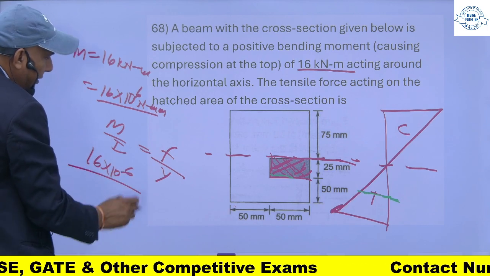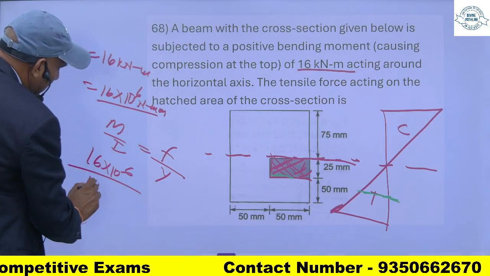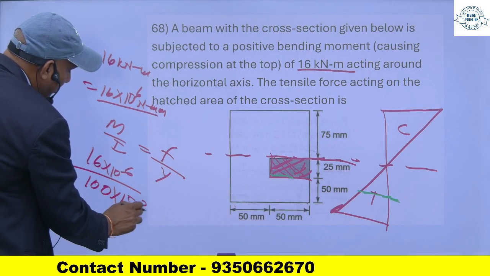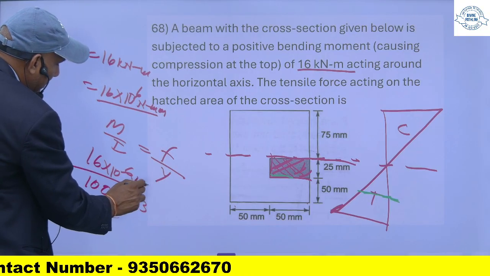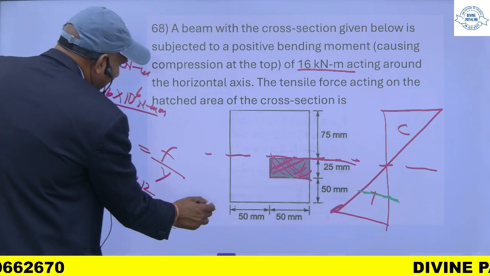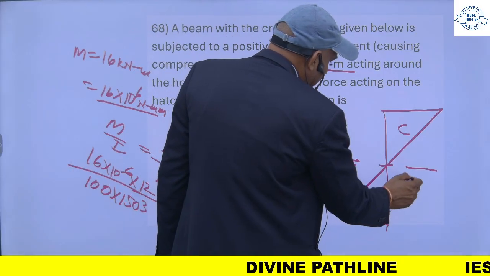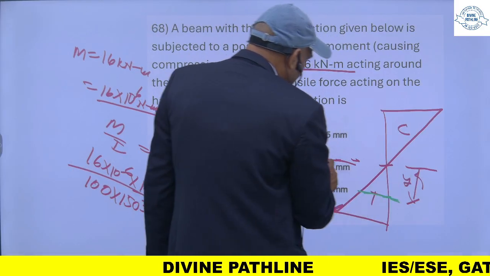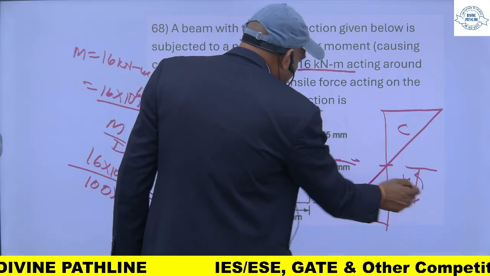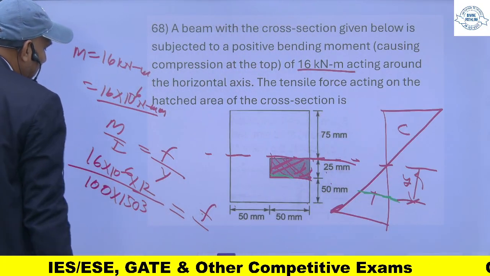The moment of inertia will be BD cube upon 12. So this is M upon I. F and Y is this one. Y is the distance from the neutral axis, and in this case Y is 25. I have to know the stress at this level, so Y is equal to 25, and I will multiply this by Y.